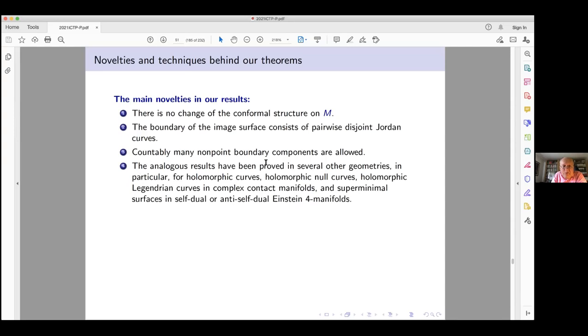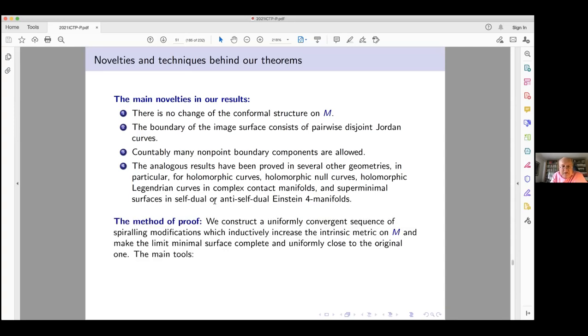We have actually proved similar results in many other geometries, including for some special minimal surfaces, which are called super minimal, in a large class of four-dimensional Einstein manifolds, in the so-called self-dual or anti-self-dual Einstein four-manifolds. So my conjecture actually is that this kind of result holds in every Riemannian manifold, but how to prove it is beyond the current means.